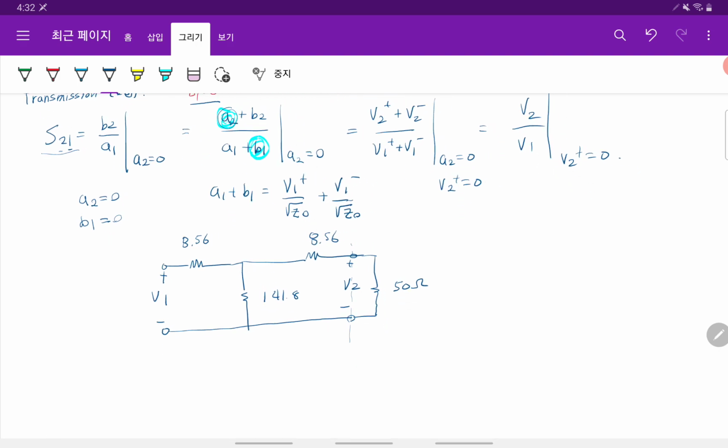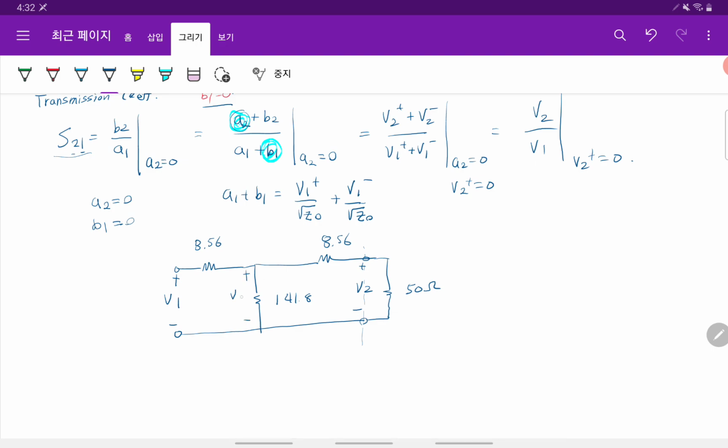So if we take this as Vx, then Vx is basically 8.56 plus the impedance here, Zeq, which is 41.43. This is V1.